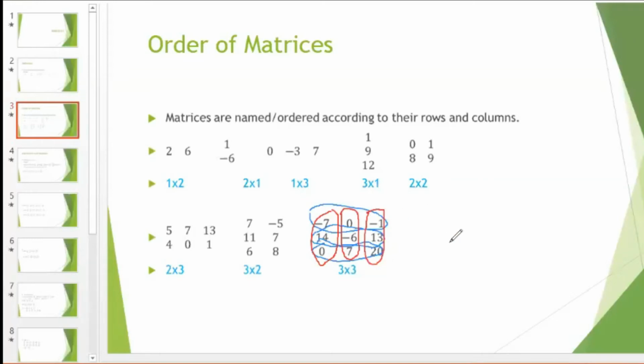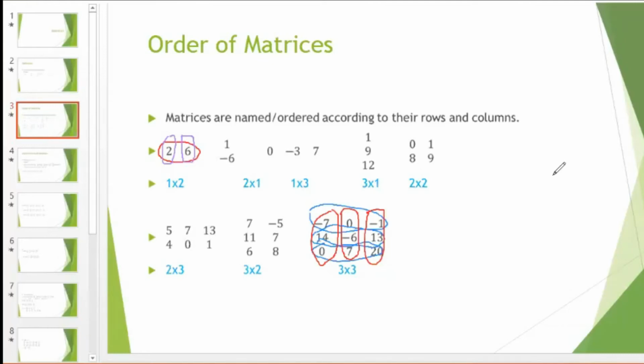That is how come we get a 3 by 3 matrix. Okay? For the first example where I have 1 by 2, I have 1 row of numbers straight across, and I have 2 columns. Everybody on board now in terms of rows and columns? Yes, sir. Good.